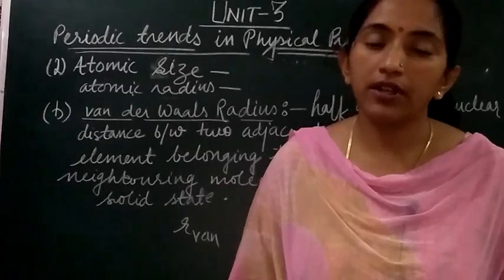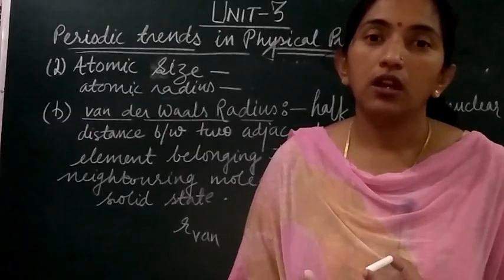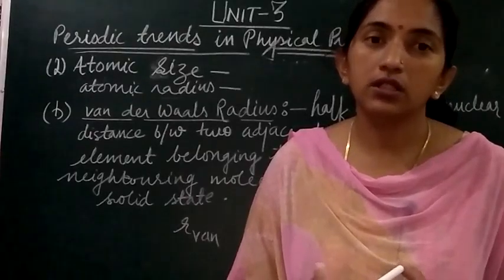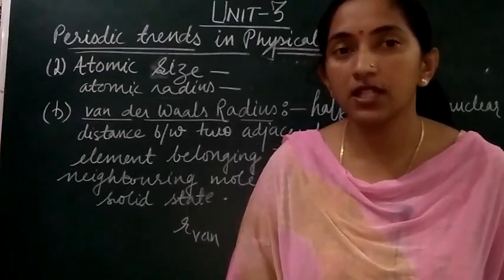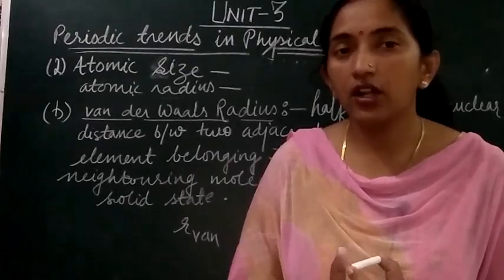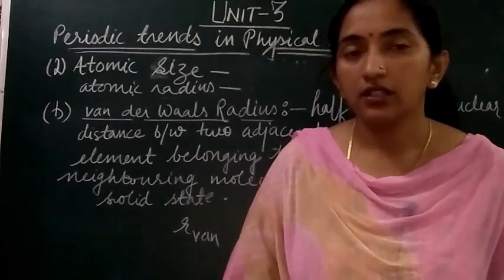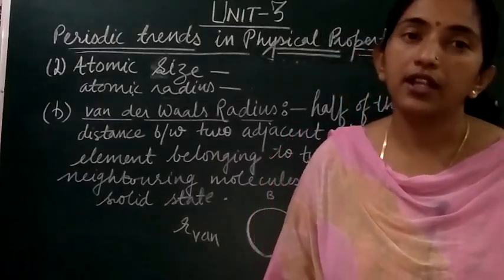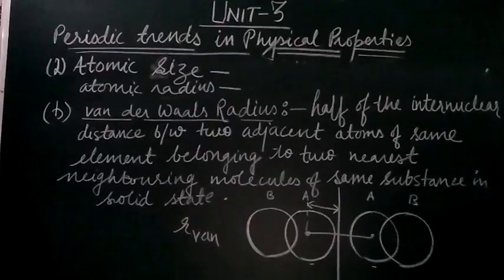Whereas in the van der Waal radii, the two atoms between the two adjacent molecules of the same substance are not close enough, right? They are not fused with one another, they are just away from one another. So that's why the covalent radius is shorter than the van der Waal radius. So just get it noted down.